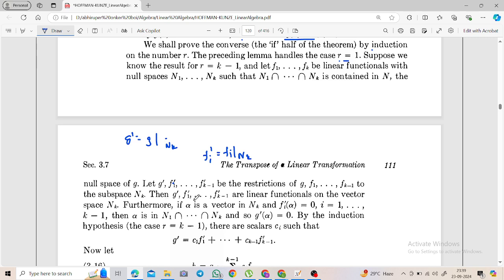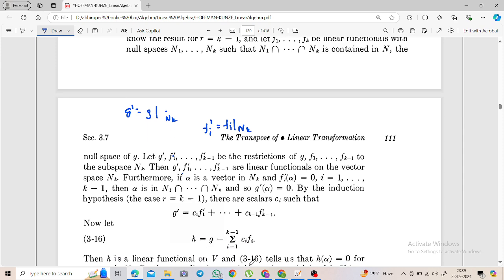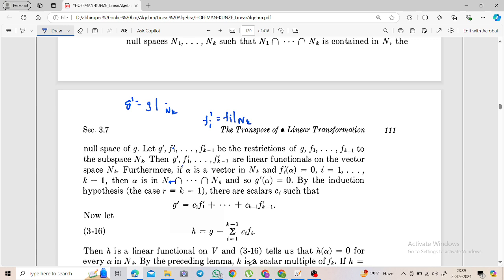Then G prime, f1 prime to f(k-1) prime are linear functionals on the vector space Nk. Furthermore, if alpha is a vector in Nk, and if fi prime alpha is 0, then alpha is in this. This means alpha is in this, right?